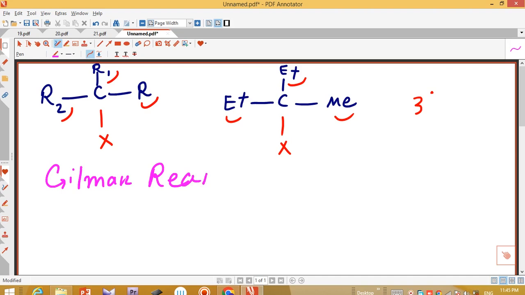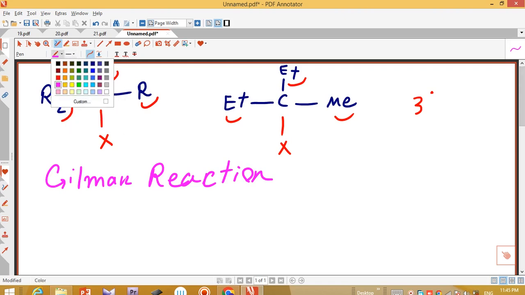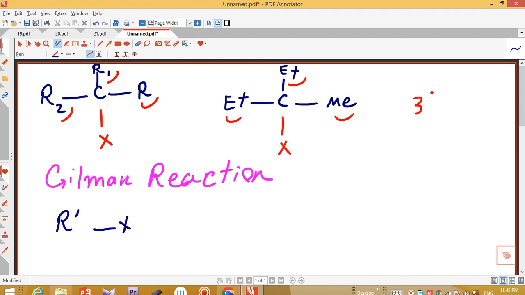Okay, so we understood everything about different types of carbon. So let's talk about an example of Gilman reaction at the end of this session in order to understand what the Gilman reaction was. But before that, let's again review: in Gilman reaction, the rate of reaction is, actually I have not written methyl.